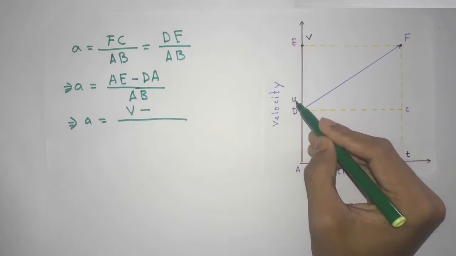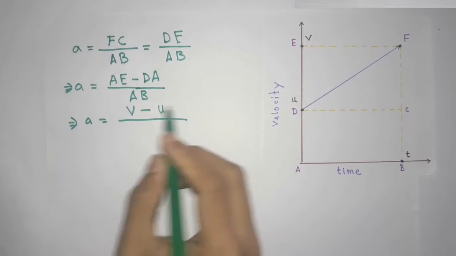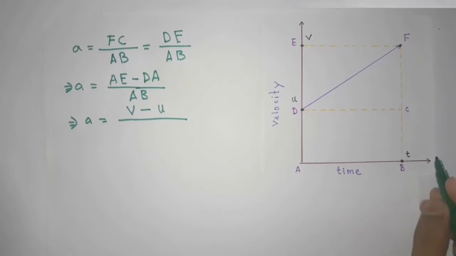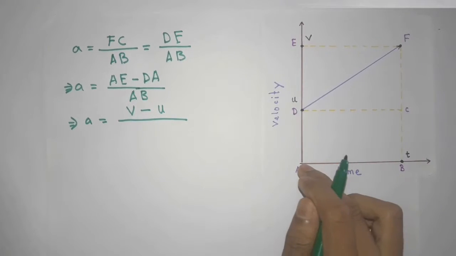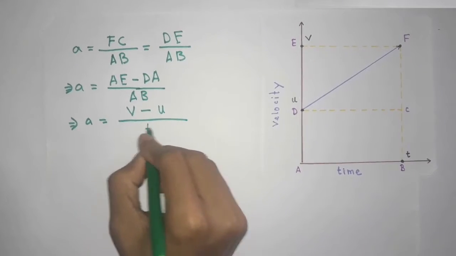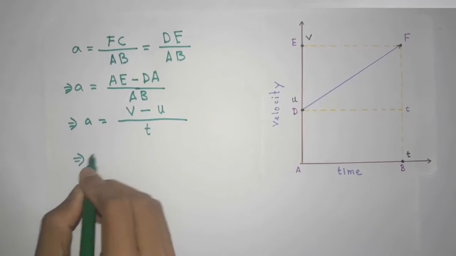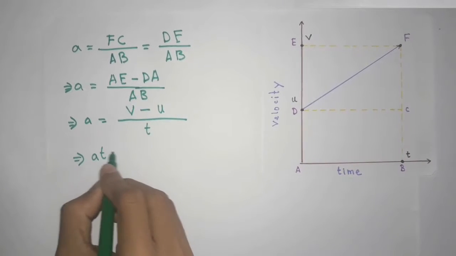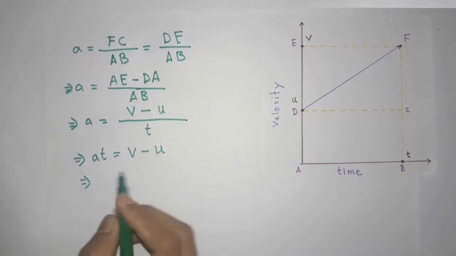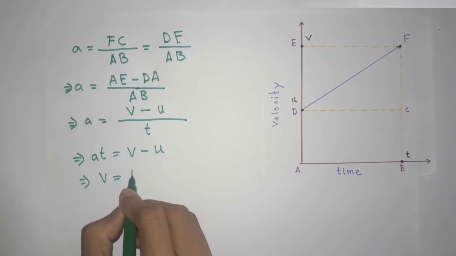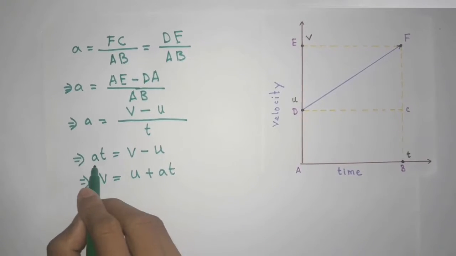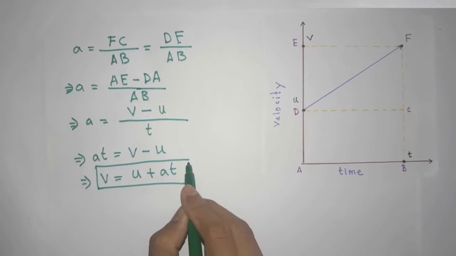DA is this point, so it is u. And AB represents time from 0 to t seconds, so it is t. Now we will take t to the left hand side: at is equal to v minus u. So v is equal to u plus at. This is the first equation of motion.